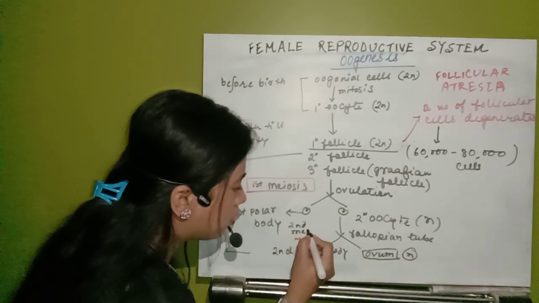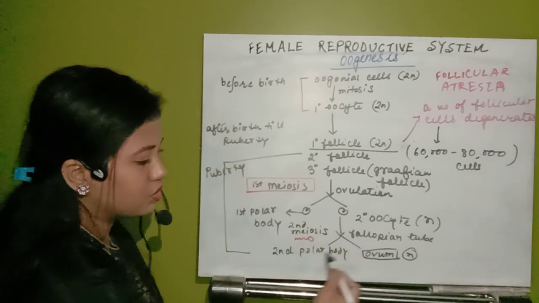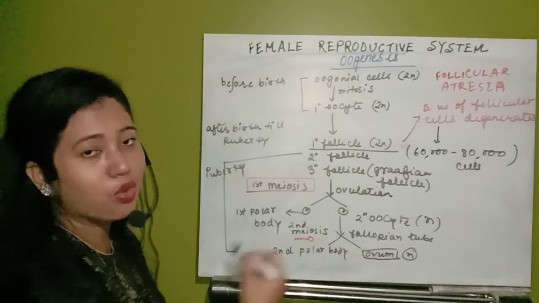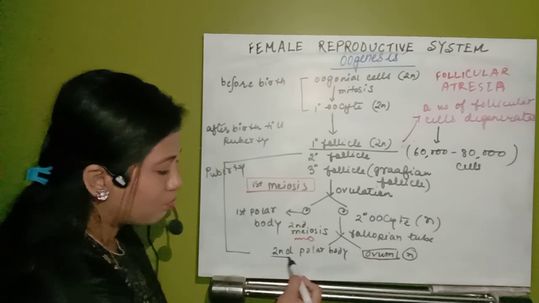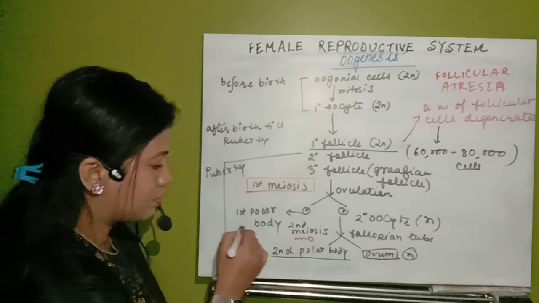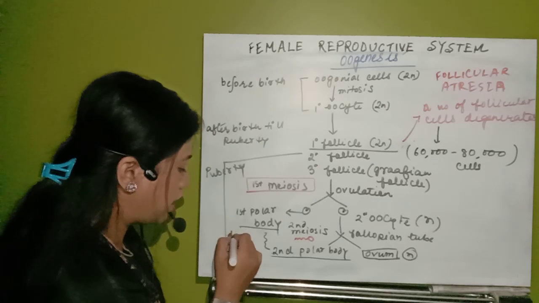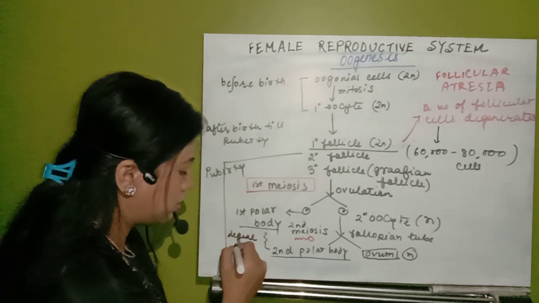So the second meiosis will complete, and both cells, the second polar body and the ovum, will be formed. The second polar body, once formed, will degenerate after some time. So the first polar body as well as the second polar body will degenerate.